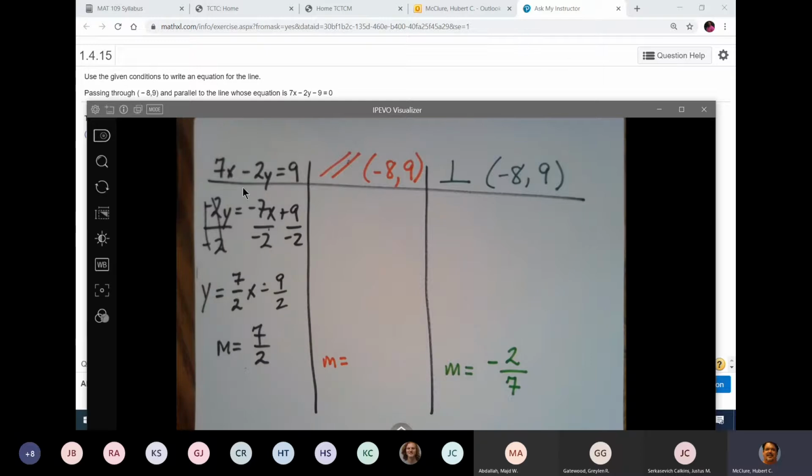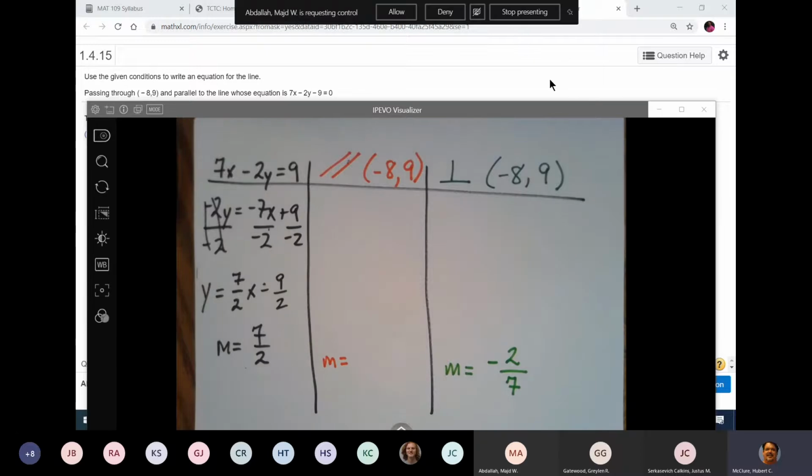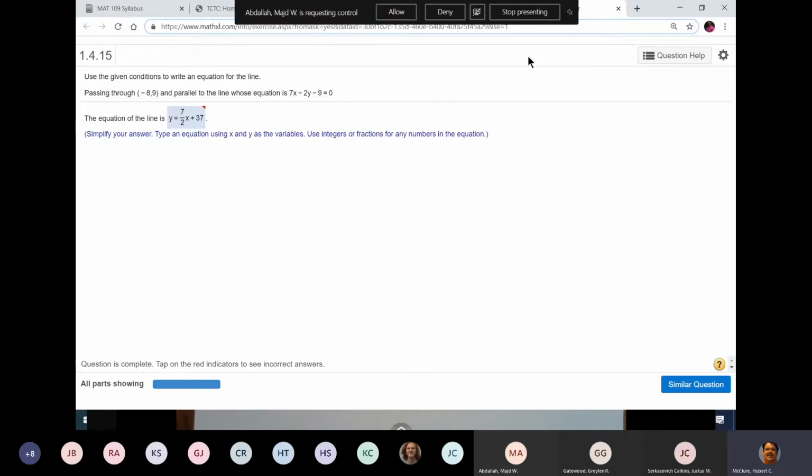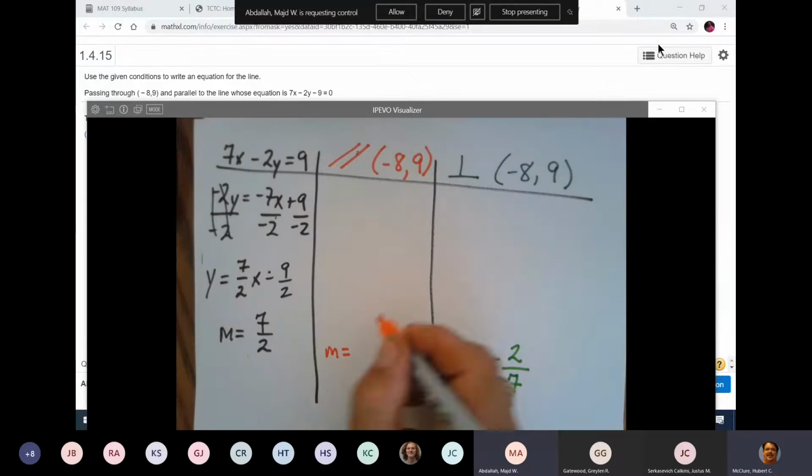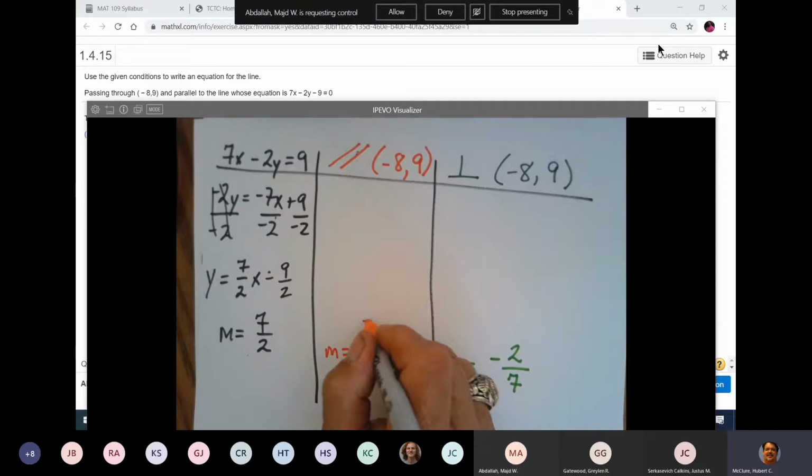Okay, somebody's talking on chat. Let me switch over to chat. What do the slopes have to be on parallel lines? Equal. They gotta be equal. So if this is 7/2, it's got to be 7/2. There we go.